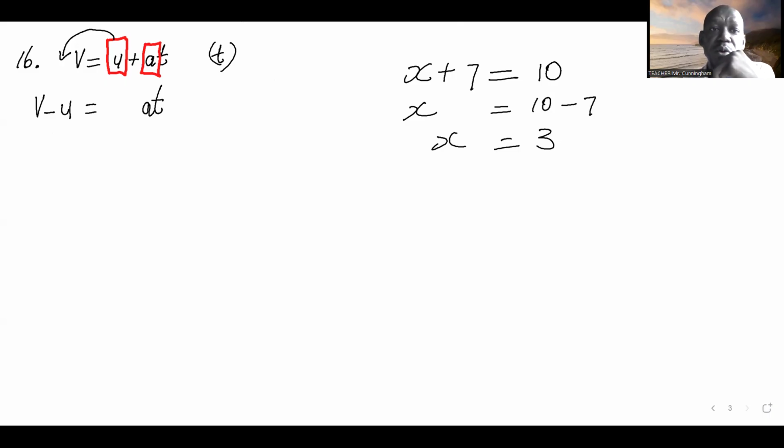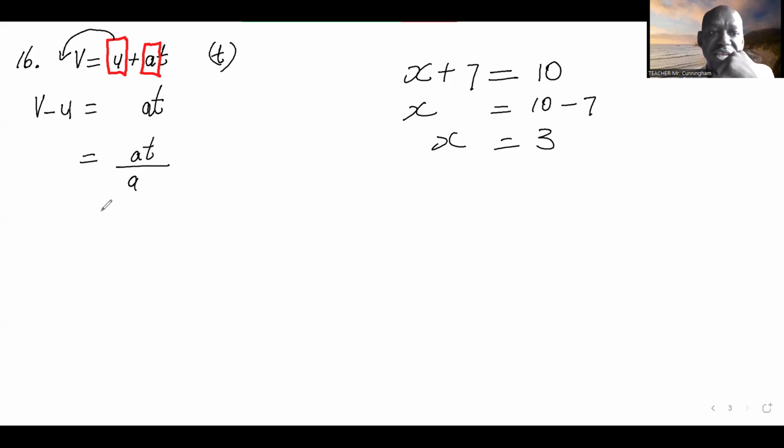So it would be A. Right, so we're dividing throughout by A. Thank you, Mickey.